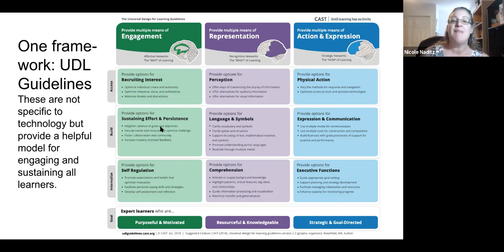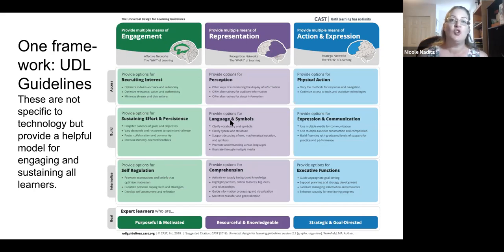To what degree might they help students keep going and persisting and keep on trying even when it gets hard? To what degree will the tools that we talk about help students, again, remain motivated, but also develop some coping skills and strategies that they can use and participate in self-assessment and reflection? In the middle column of representation, which although it doesn't say engagement, we'll see a lot of things here that help students be engaged in our learning experiences.